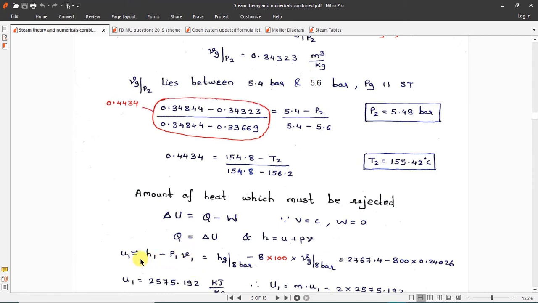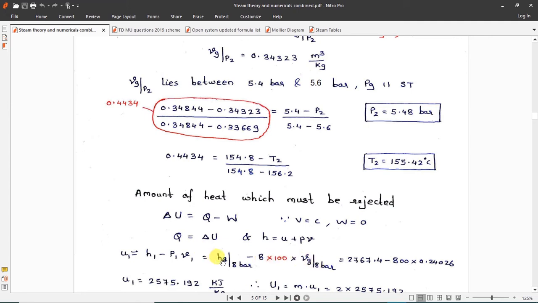So in order to get U in kilojoule per kg, you need to convert this bar into kilopascal. So what is the pressure? 8 bar. So minus P1 will be 8 into 100. Very important. Don't forget this multiplication with 100. This pressure should be in kilopascal into Vg at 8 bar.